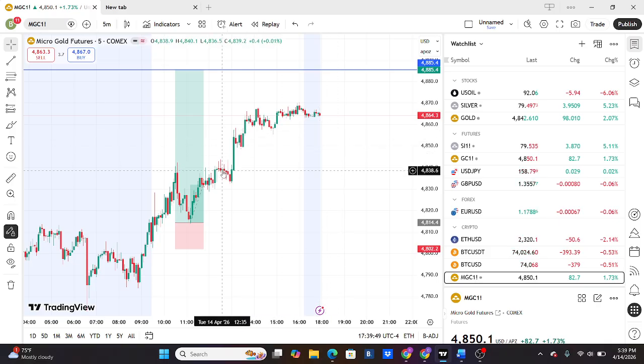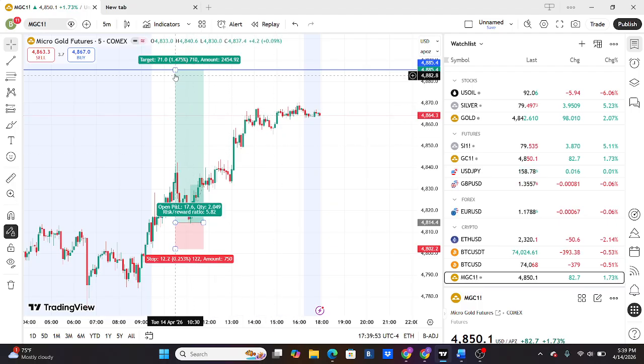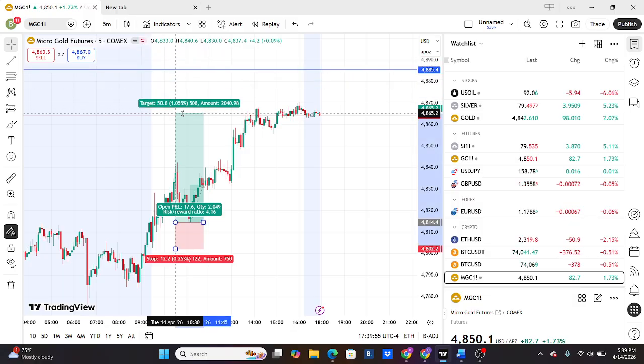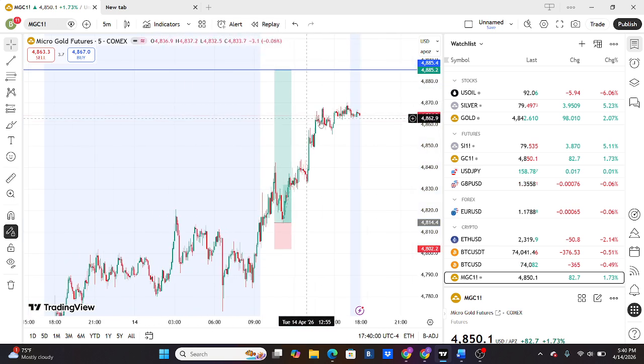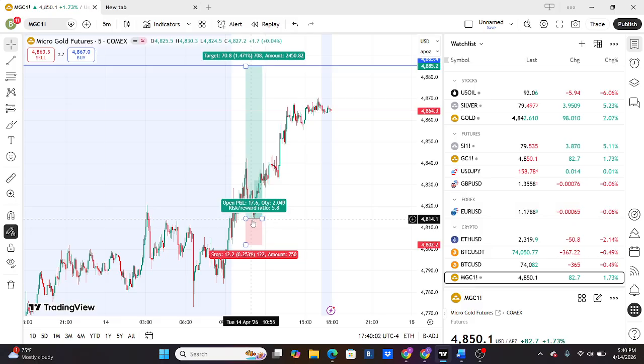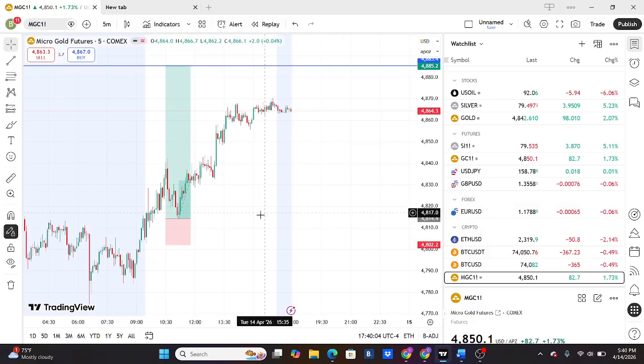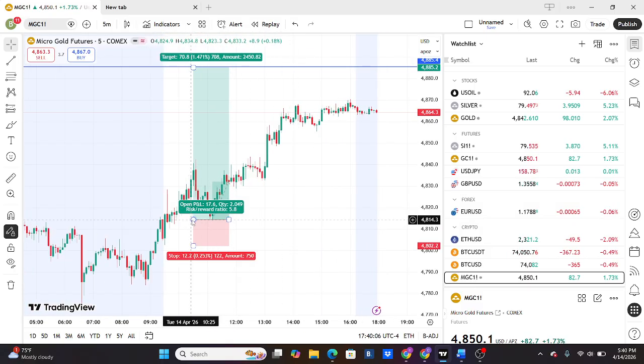It goes against my psychology to pull out, and yeah, I could pull out for 4R right now, technically 4.1R, which is really good. But there's been no invalidation of this trade. We came and tapped my entry here.